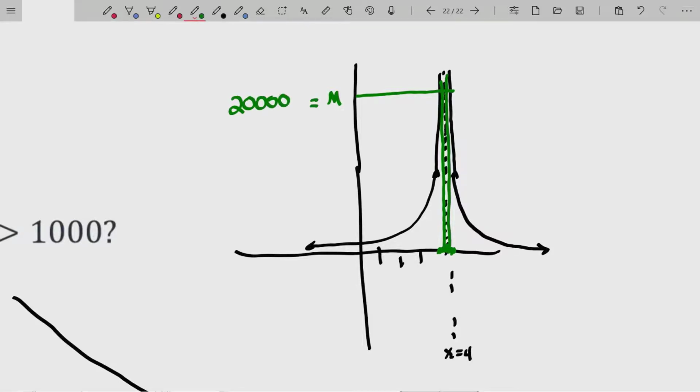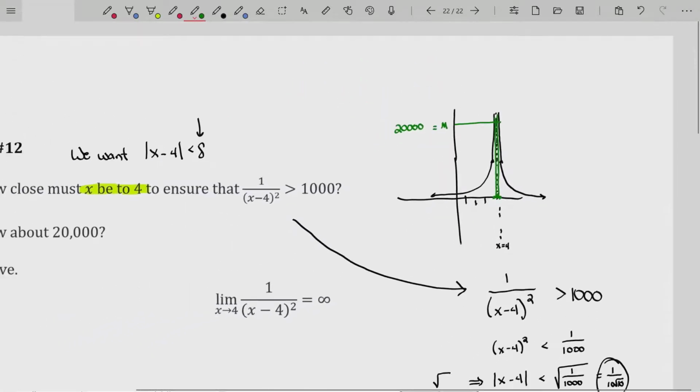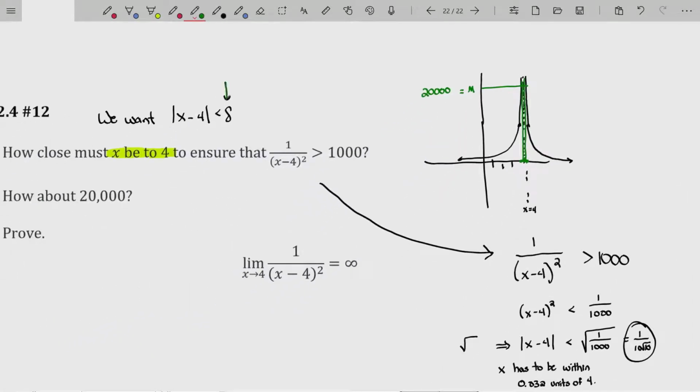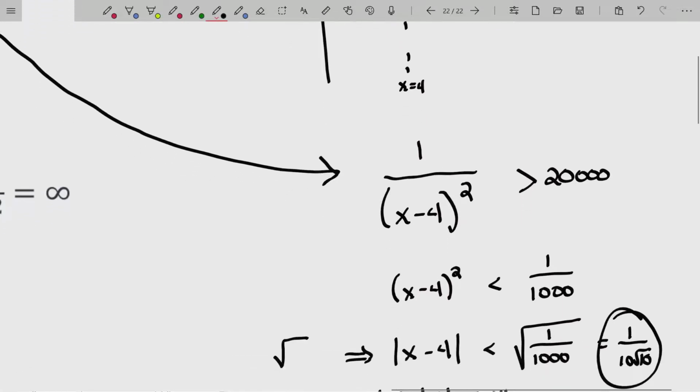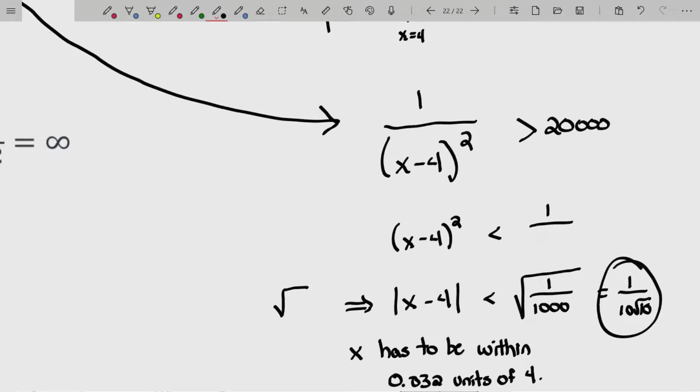Well, the idea is still the same. We want to find out how close x has to be to 4 so that our function right there is greater than 20,000. Well, that's still asking the same question. I want the reciprocal, which is (x minus 4) squared, to be less than 1 over 20,000.